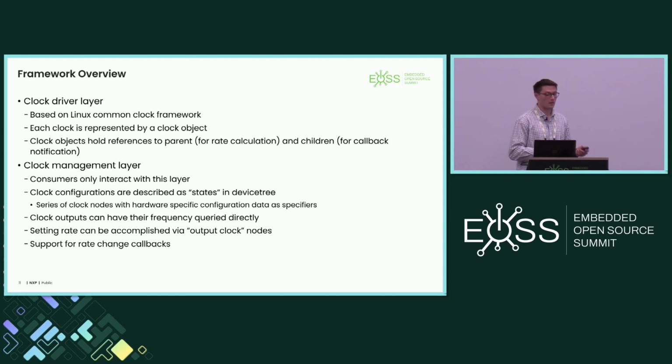So we still want the ability to set rate, and I'll describe these more later, but the idea of the output clock node is that we have this hardware-specific specifier data on each clock node, but the output clock node would have a frequency, and that would be your way of saying, I want a frequency rather than a configuration value. And then beyond that, the clock management layer would support a rate change callback, so consumers can register for a notification if there's a rate change.